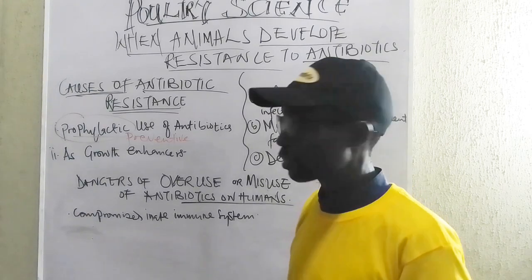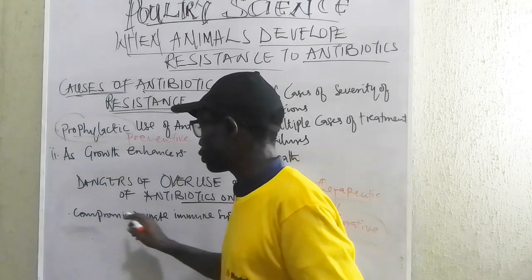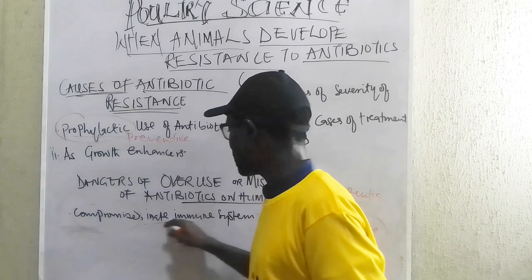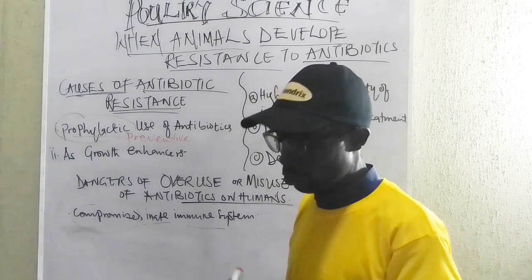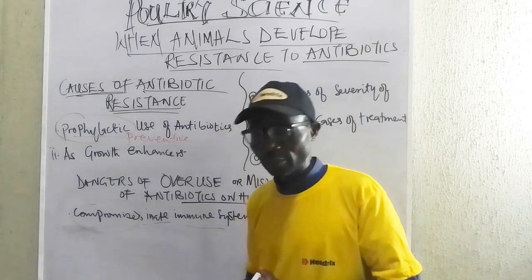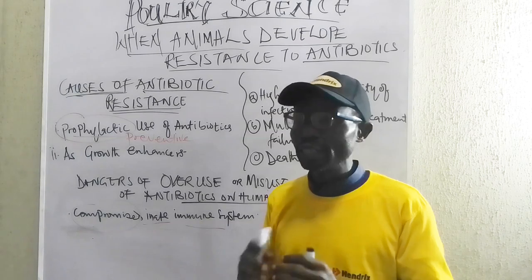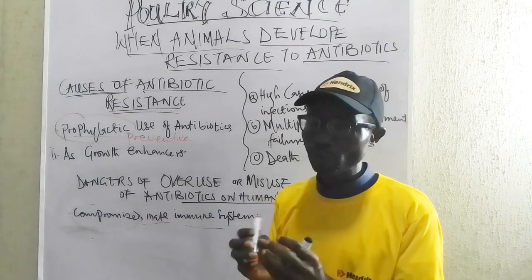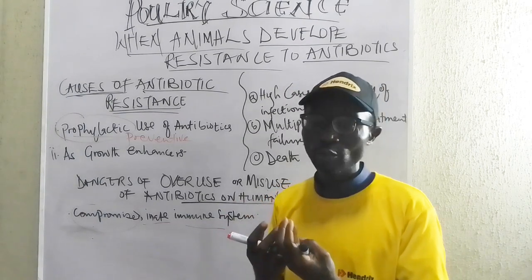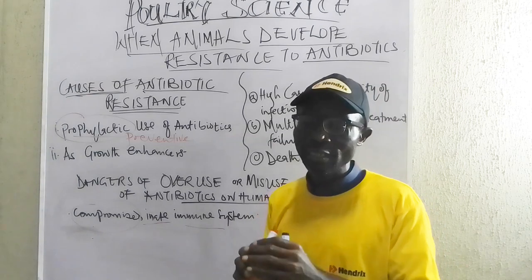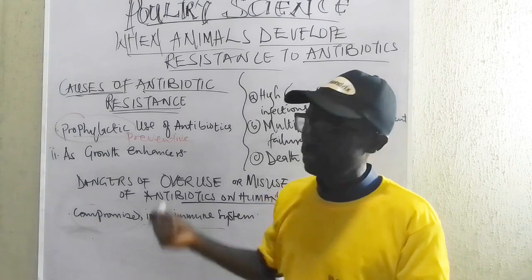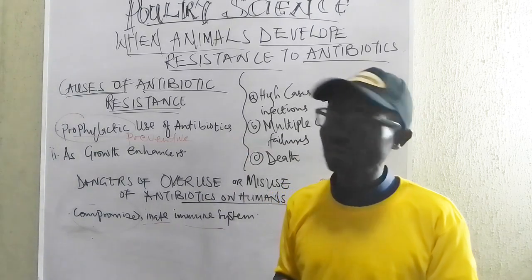I've talked about it in the past already. By this, you already compromise the innate immune system of the bacteria. They will change to a mutant form that will be able to overcome, circumvent or dodge the effects of the antibiotics.